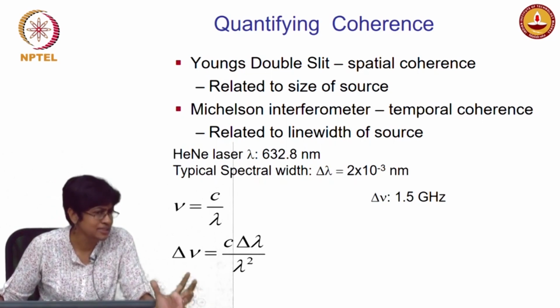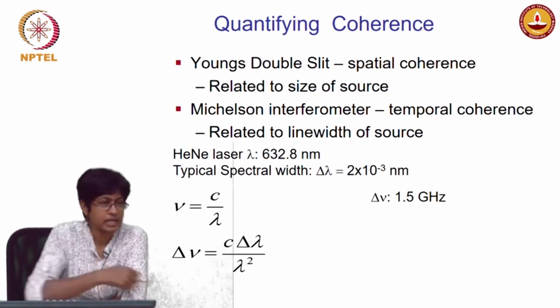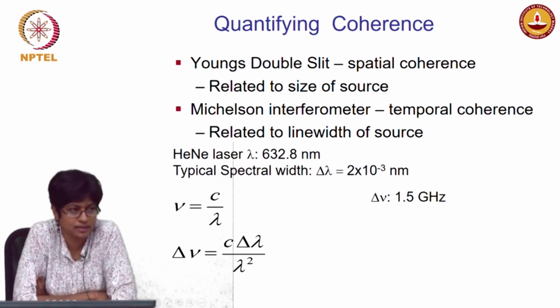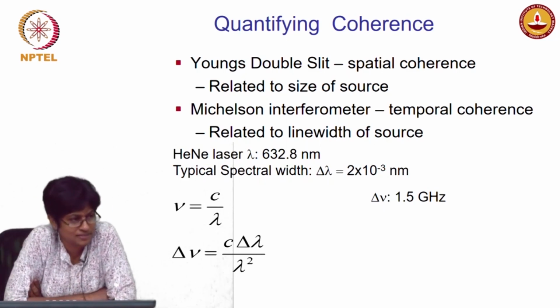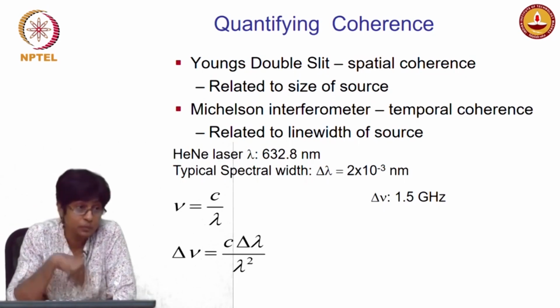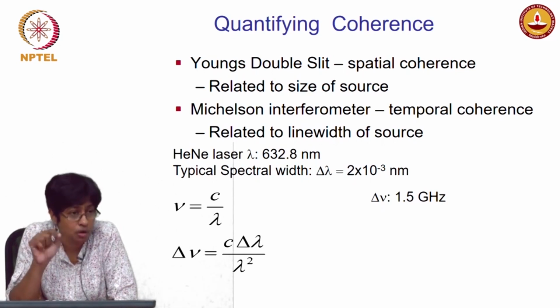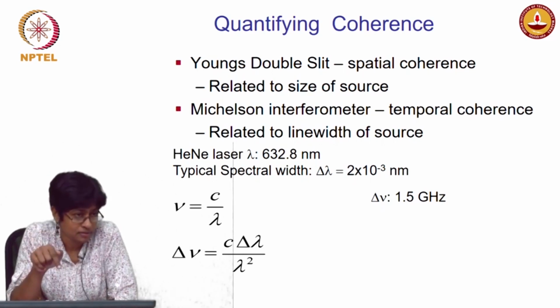So what does this delta nu tell us? What do you think it tells us? Remember, why are we looking at all of this? We're trying to understand temporal coherence. And what is coherence? Coherence is the correlation between the electric field.